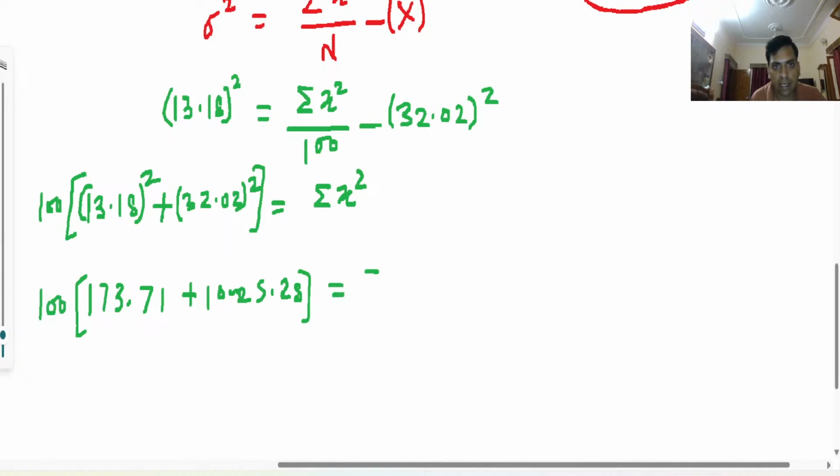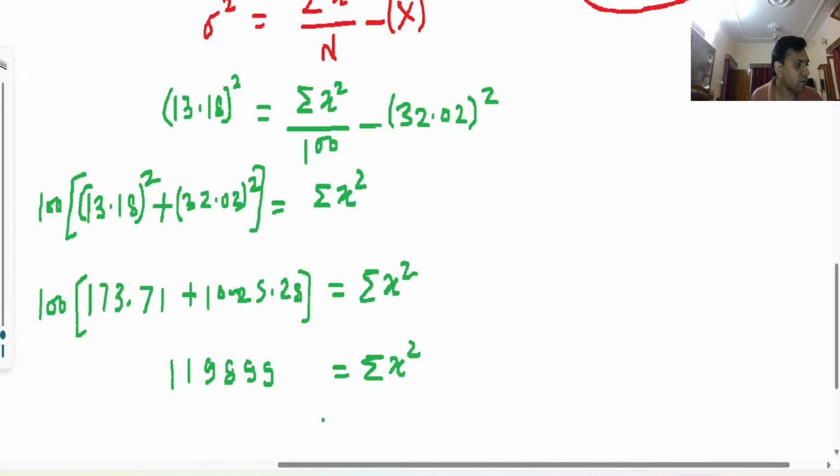Then you will get this incorrect sum of squares. So this is 173.71, and this quantity after multiplication is 1198.99. This is the incorrect sum of squares.